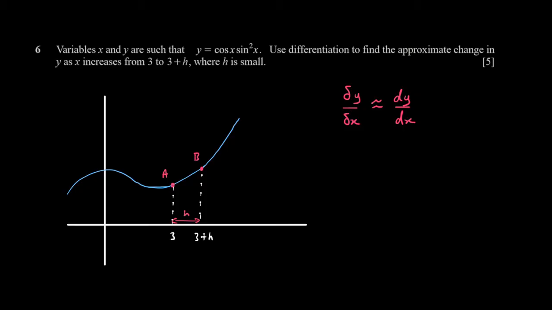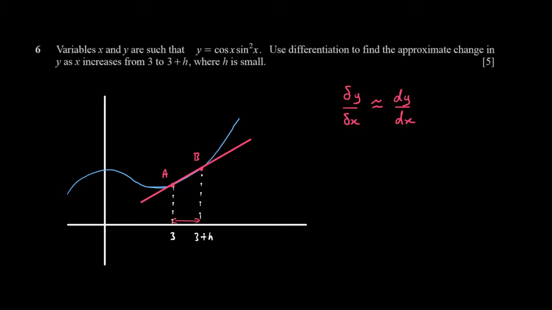What we could do is find the gradient between the point A and B. So I would draw a line between A and B like that. And I would find the gradient of that line. Now, what would be the gradient of that line? Well, gradient is always given by the change in y divided by the change in x.